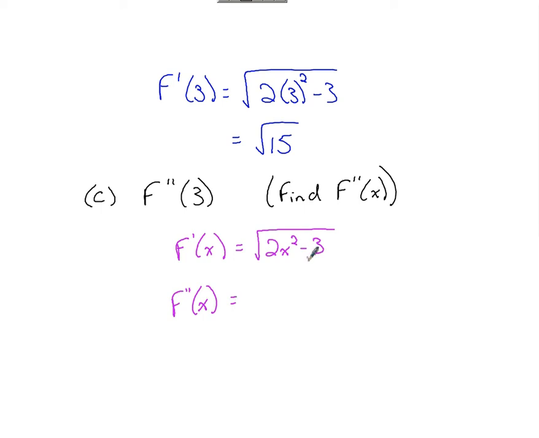First, we understand that root would be 2x squared minus 3 raised to the 1/2. So we'd have to bring down that 1/2. Rewrite the 2x squared minus 3 raised to a new power of negative 1/2. And then we're using a chain rule here. We got to multiply by the derivative of 2x squared minus 3, 4x.